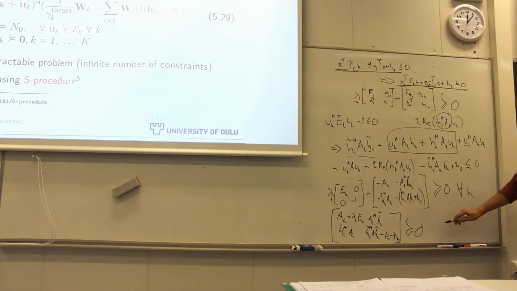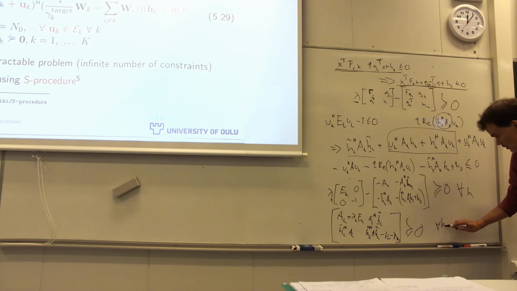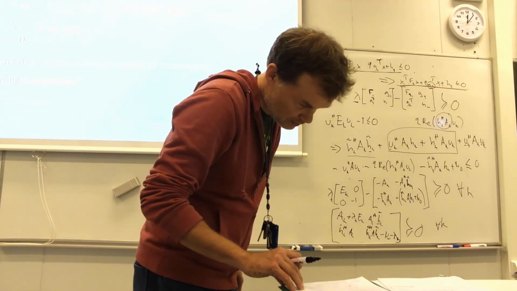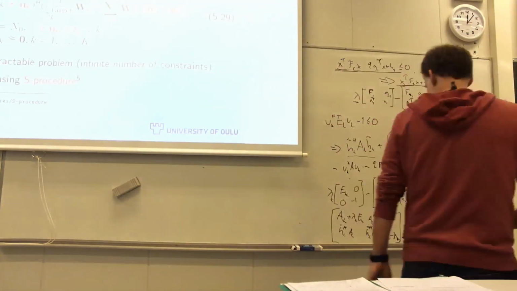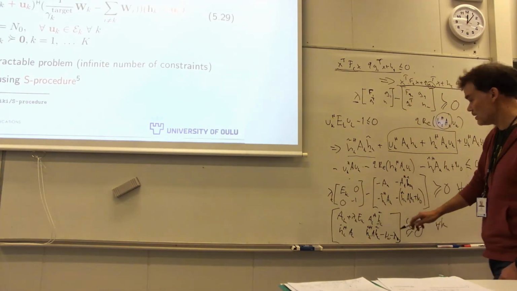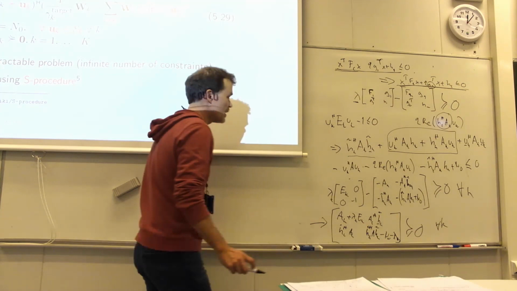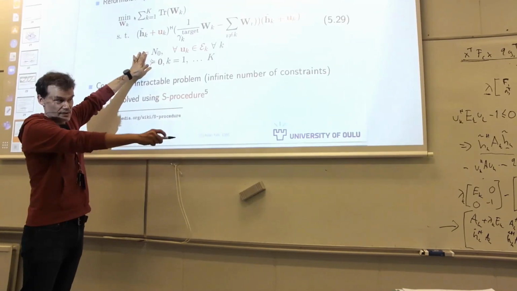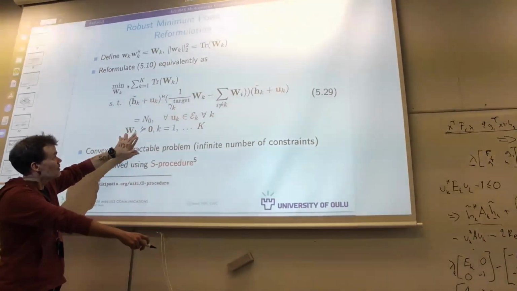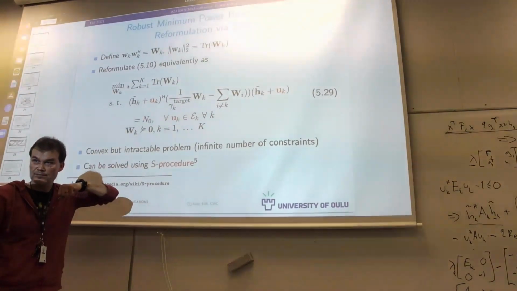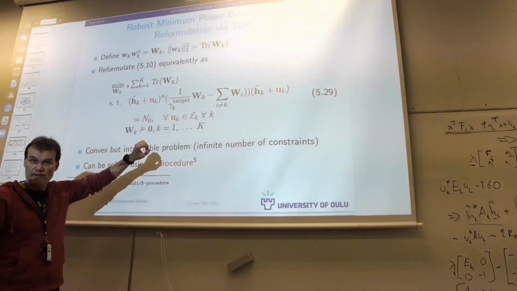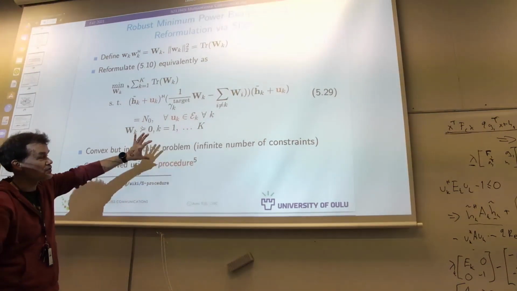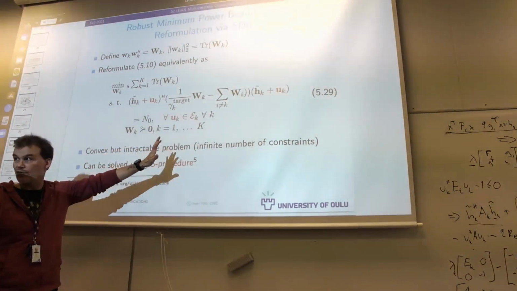Okay. Let me check if I wrote this correctly yesterday. It's correct. Yes. So now you can plug in these constraints in here. Replace this with that for each user, and you have an SDP. And the result WK is guaranteed to satisfy the SINR constraint for each possible realization of the channel.